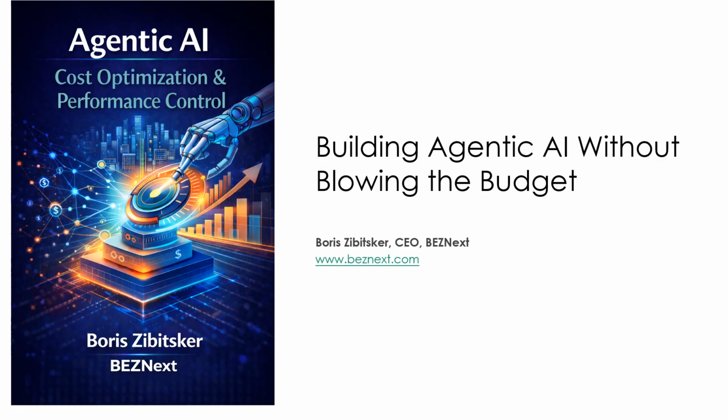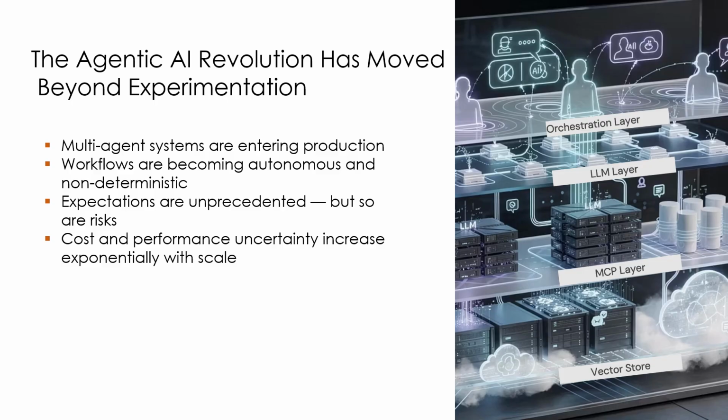Let's begin with what is happening in the agentic AI world now. Agentic AI has moved beyond experimentation and proof of concept. In 2025, for example, most organizations were running pilot projects with just a few agents managing business processes.